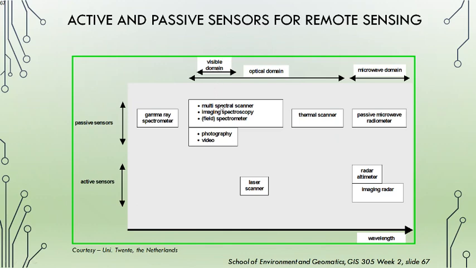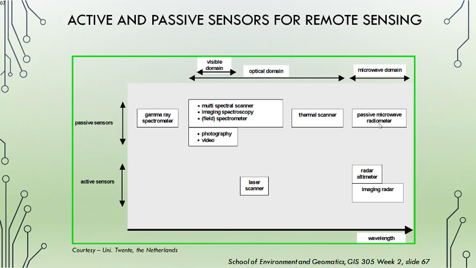So you'll have these multispectral scanners. Photography typically operates in this area, but you also have thermal scanners that focus on longer wavelengths of our optical domain. Then you have passive microwave sensors or radiometers.